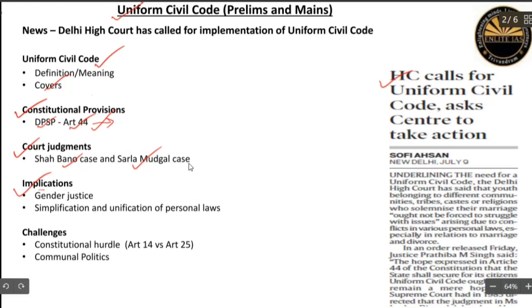What are the implications of implementing Uniform Civil Code? Uniform Civil Code will ensure gender justice in its true meaning by addressing discrimination in existing laws in our country. So implementation of UCC would ensure that women across all the communities will be treated equally as per a common single civil code.